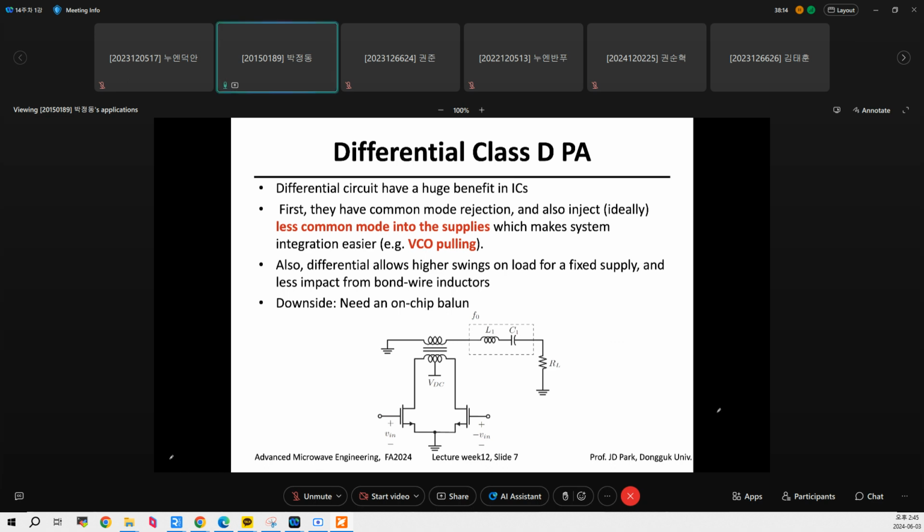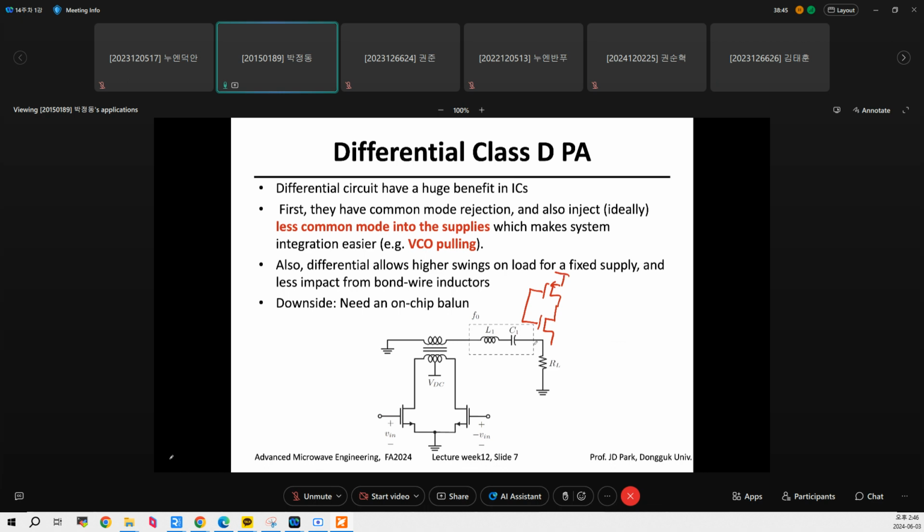So we noticed that people never try to use an inverter as a class-E amplifier, because there is loss caused by the PMOS. And the second issue is the swing itself is quite limited, if you take a look at the mechanism.